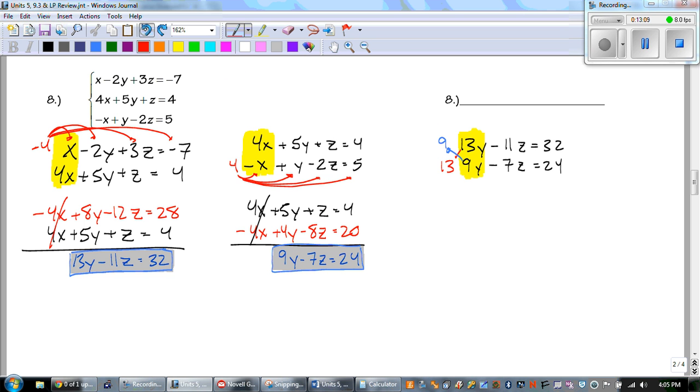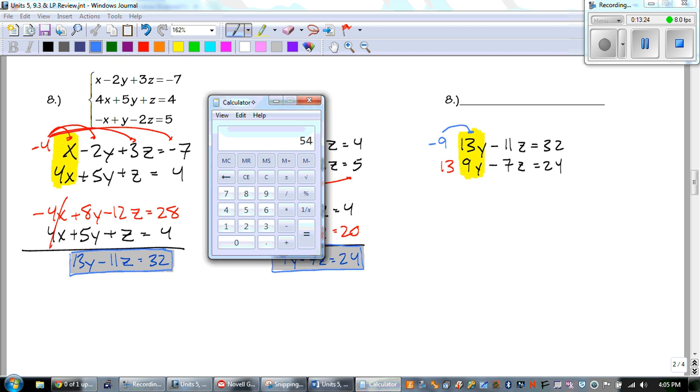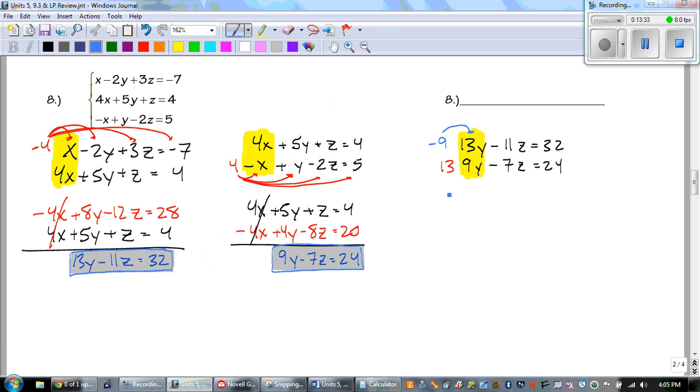And that's perfectly fine to do. The only thing is I need one of them to be negative. It doesn't matter which one you pick. Let's just do the top one, okay? So this is once again where it's nice to have this little calculator. 9 times 13, we get 117, and it's going to be -117y.